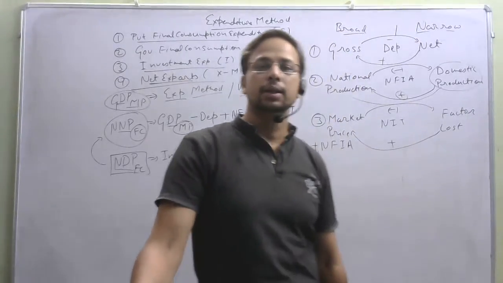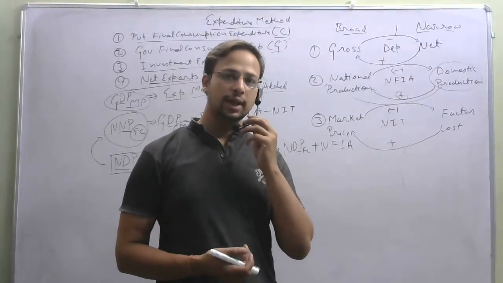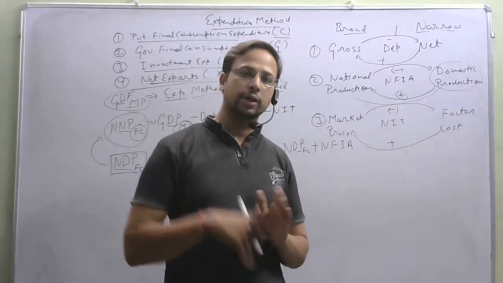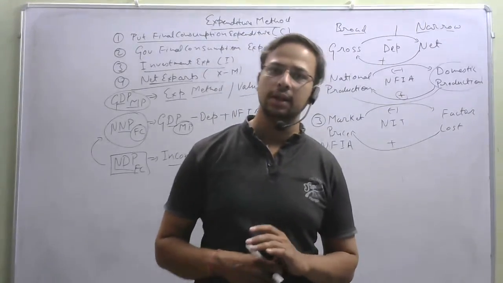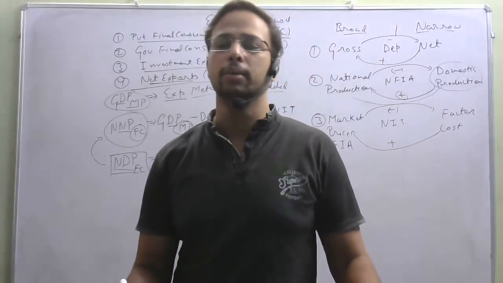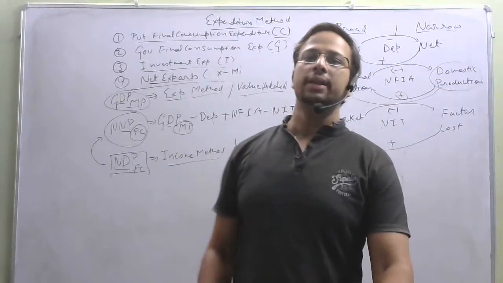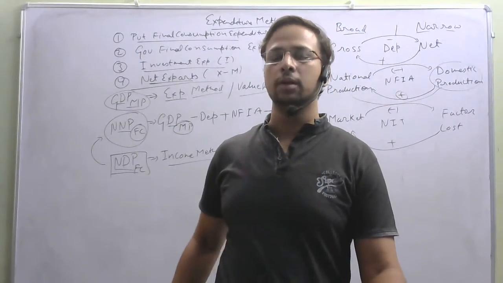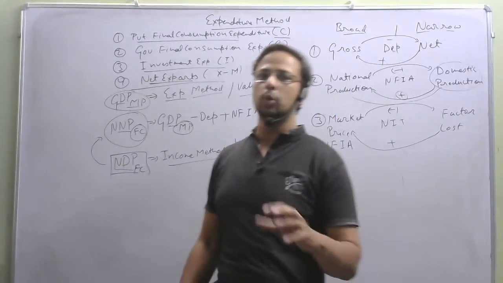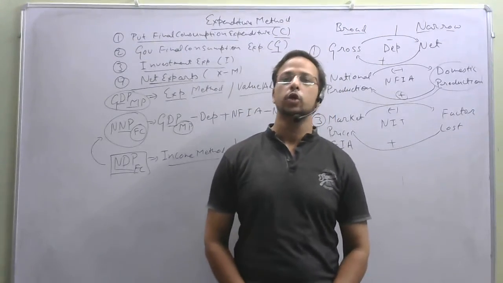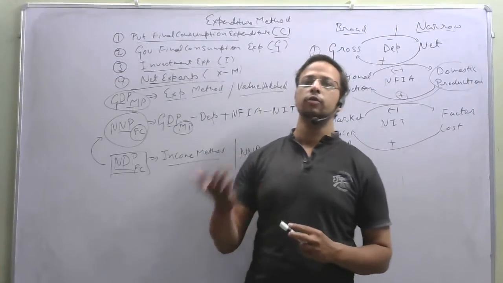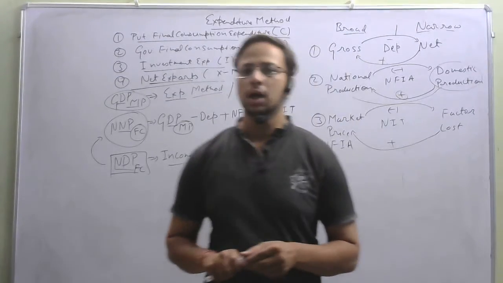But there are some questions in which we get the elements for the income method as well as the expenditure method all together. Then you might be confused about which method to use. In that case, when the elements of both methods are present, the question will instruct you which method you need to use.